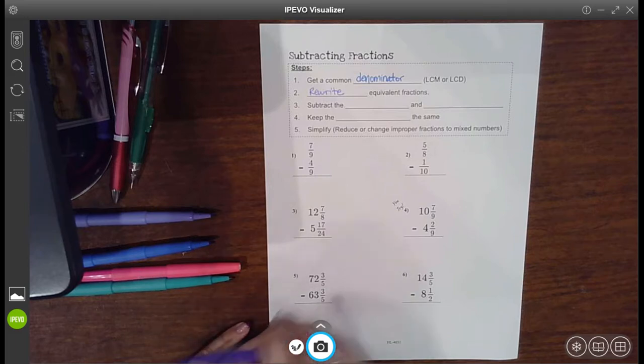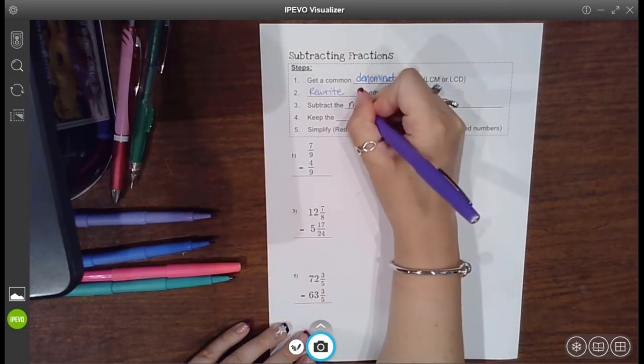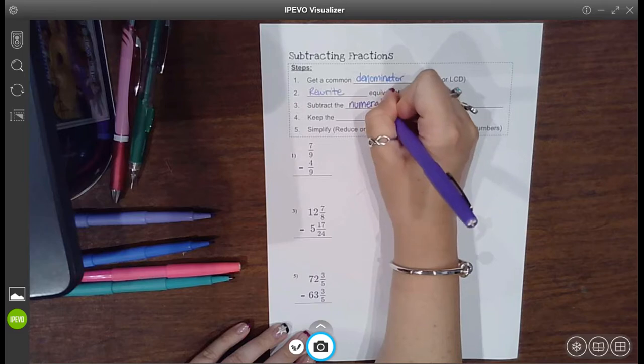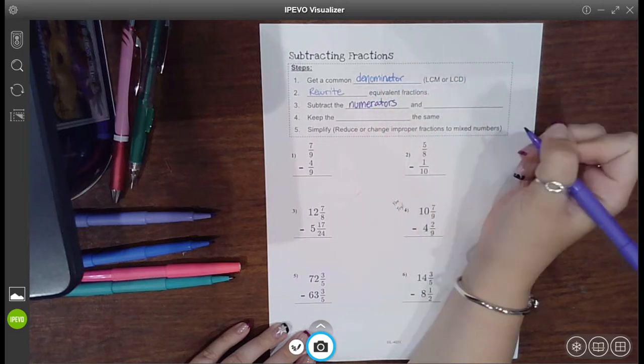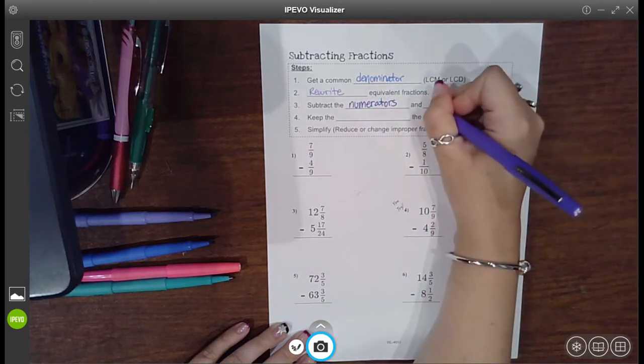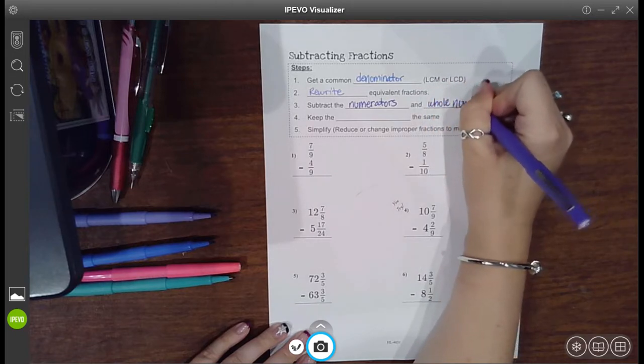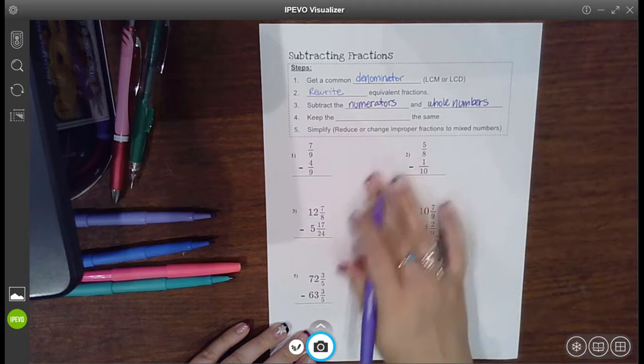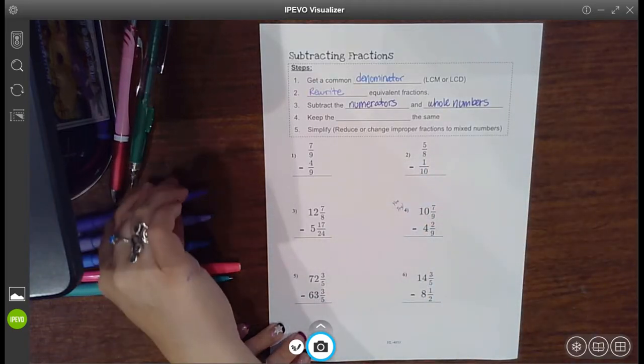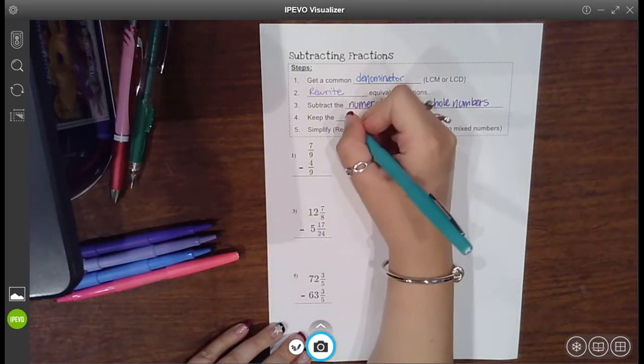Then you subtract the numerators, and don't forget to also subtract the whole numbers out in front of your fractions. And then your denominators stay the same.